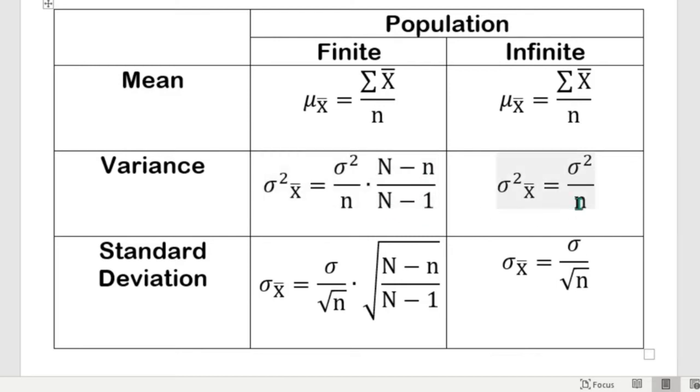If we have an infinite population, the variance of the sampling distribution of the sample mean is the population variance divided by the sample size.